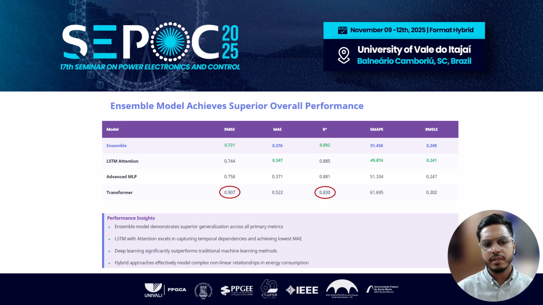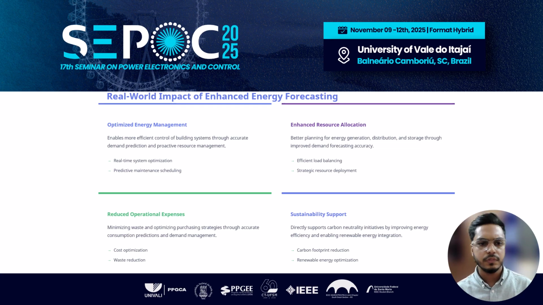So, what do these improvements mean for the real world? Let's discuss this. The real-world impact of this enhanced forecasting ability is actually significant. It enables optimized energy management through real-time system optimization.